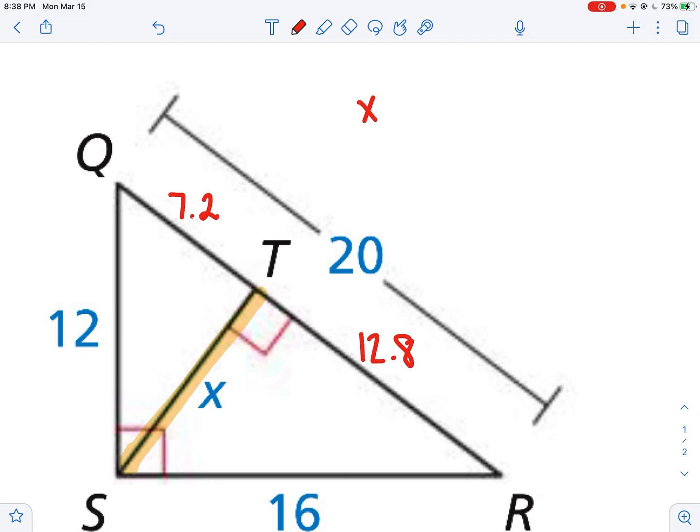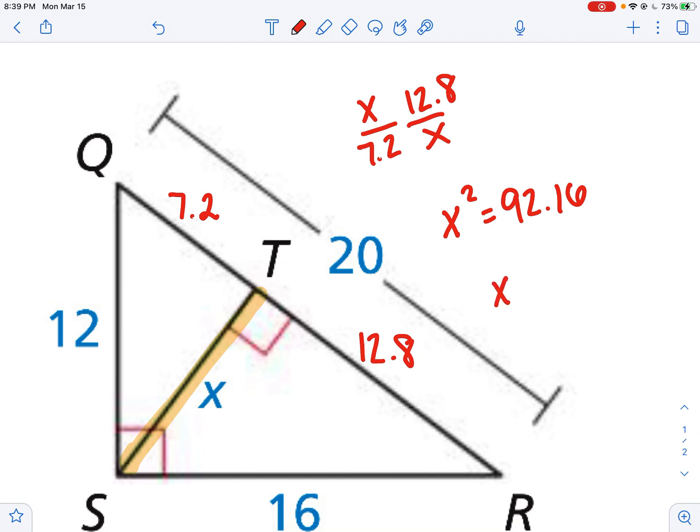So x is the altitude. 12.8 is one part of the hypotenuse. 7.2 is the other part, which means that x squared equals 12.8 times 7.2, which is 92.16. So x is going to be somewhere in the 9 range. If I square root both sides, x is 9.6.